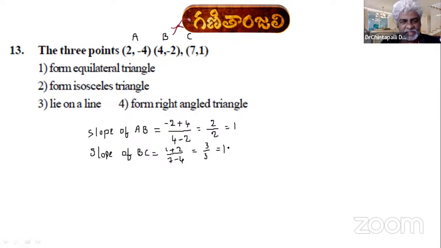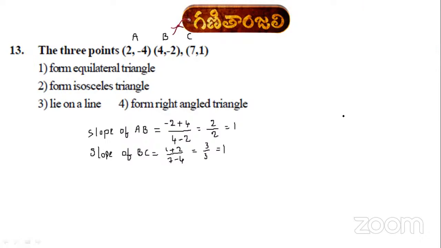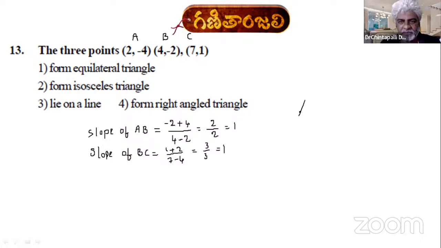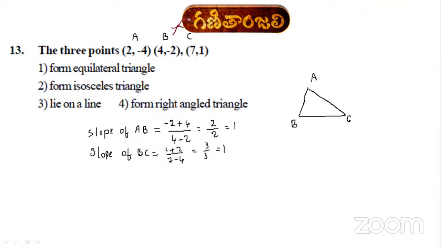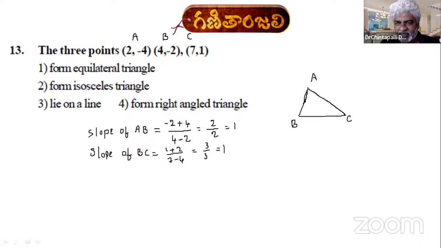Have you noticed that the slopes of AB and BC are both the same? For example, if it is the triangle ABC, is it possible to have the same slope for two different sides of a triangle? No, sir.